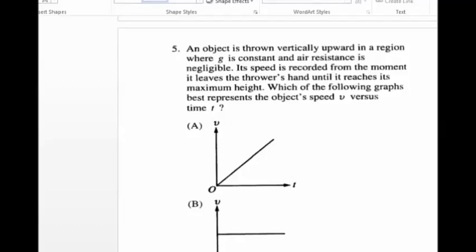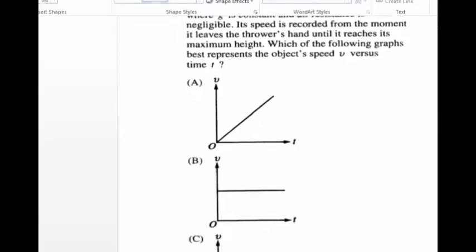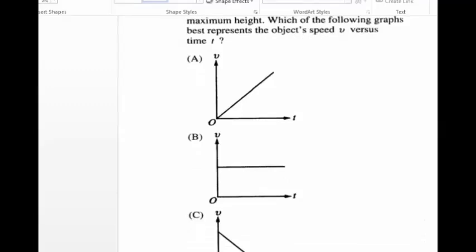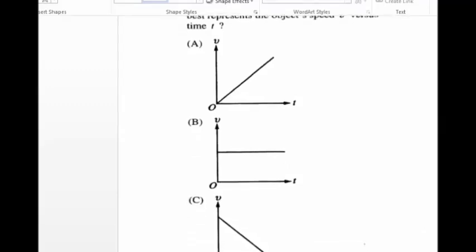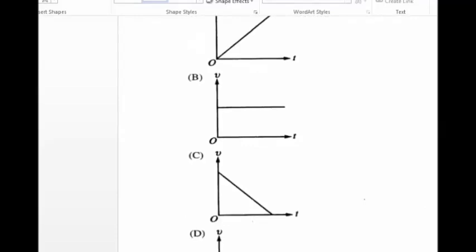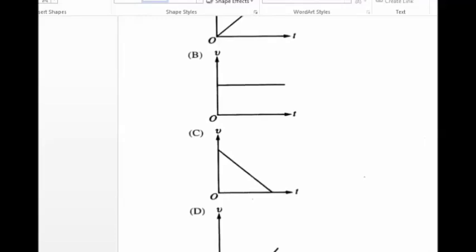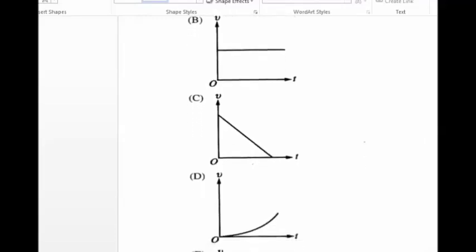So the first graph has initial 0 velocity, so this cannot be the answer. The second has final velocity not 0, so this cannot be the answer. Now the third one has initial velocity of some value and the final velocity is 0. So this fulfills the condition, but let us see whether any other graph satisfies this condition.